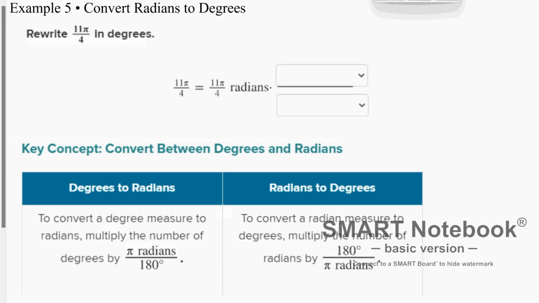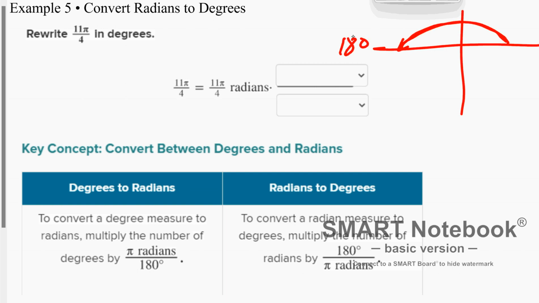Okay, and then going the other way. From here to here would be 180 degrees, which is the same as pi radians. So if I divide by pi on both sides, then I get 1 radian, or 1 rad, is equal to 180 over pi.